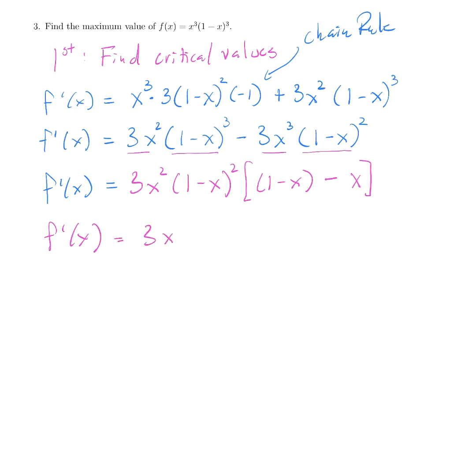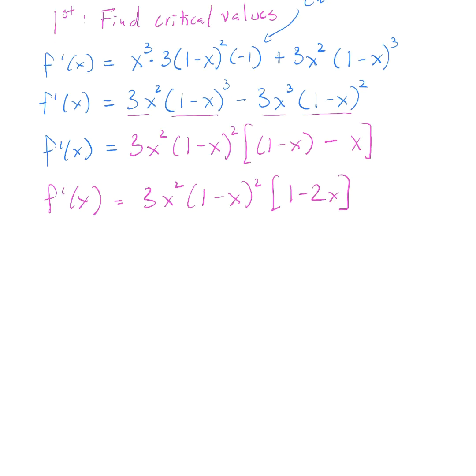It looks like 3x squared times 1 minus x quantity squared times 1 minus x minus x, 1 minus 2x. So now our critical values are going to come from when each of those pieces are equal to 0. Okay, so we want to set 3x squared times 1 minus x squared times 1 minus 2x equal to 0 to find our critical values.